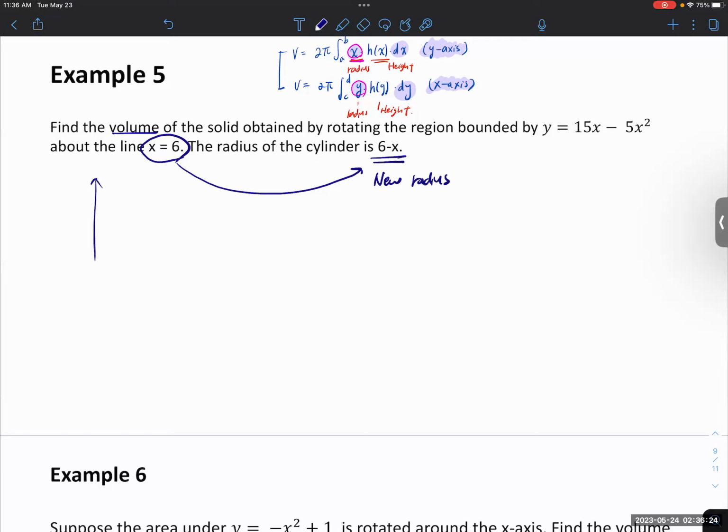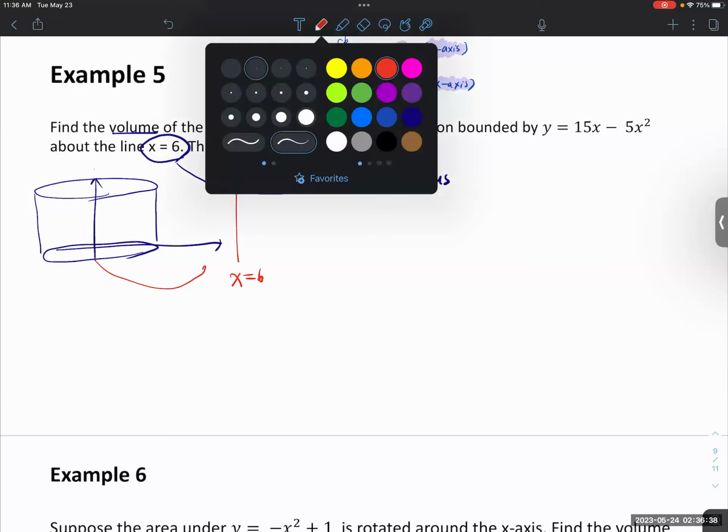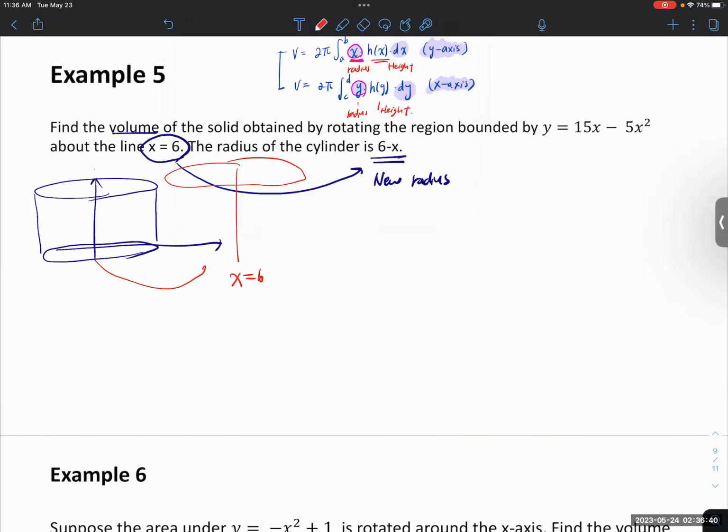We used to have a cylinder at the center, but now you are shifting the center to x equals 6. Therefore, you have a new cylinder based on that center. So the radius used to be x, but now you have a new radius, 6 minus x. The radius is changing.